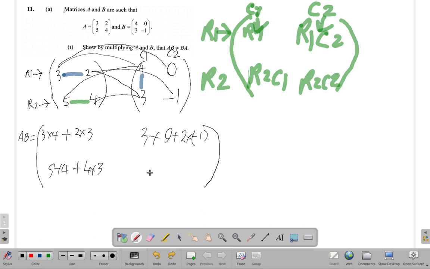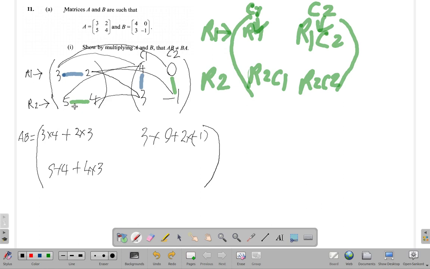Now here, this is still the bottom row, which is row 2. It is the column on the right, which is column 2. So it's row 2, column 2. So here, this is going to be row 2, this row, by column 2, this column. So concentrate on that.